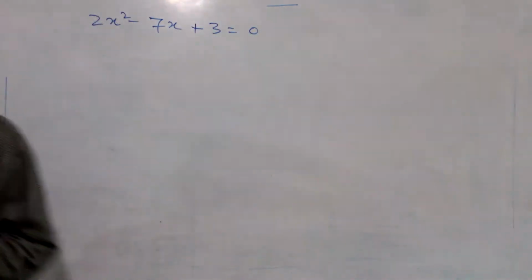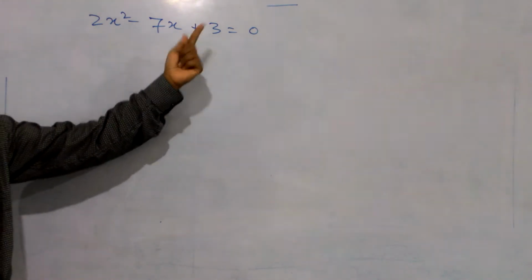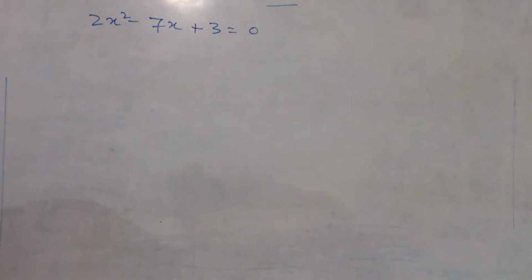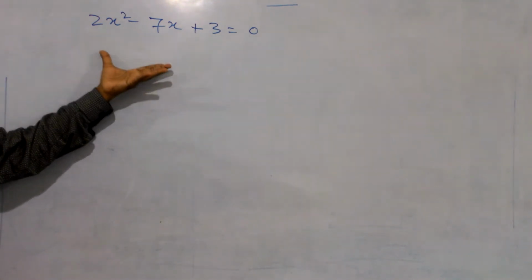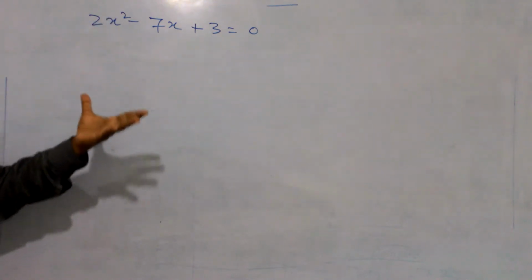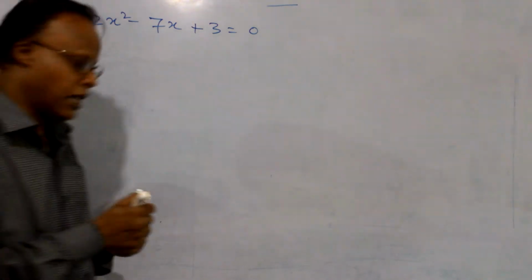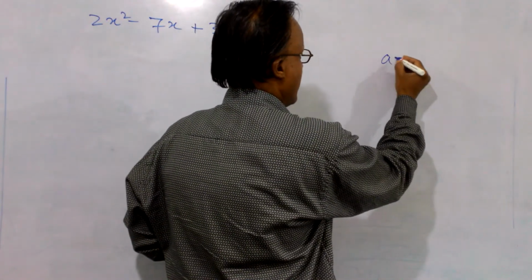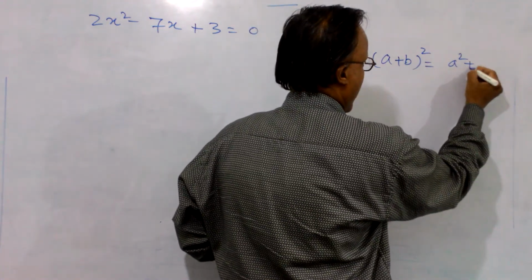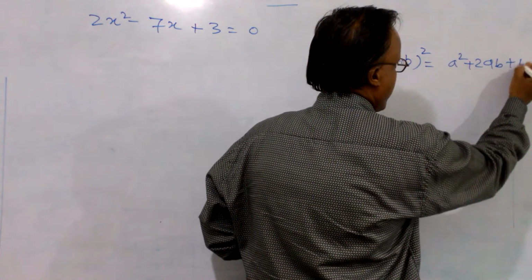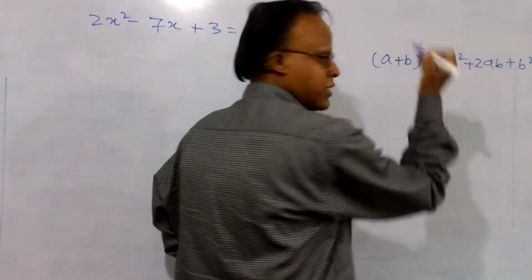So your given quadratic equation is 2x square minus 7x plus 3 is equal to 0. Our aim is to solve this equation with the help of the perfect square method. So our aim is to make it a perfect square term, and we know that a plus b whole square is equal to a square plus 2ab plus b square, and here the coefficient of a is 1.